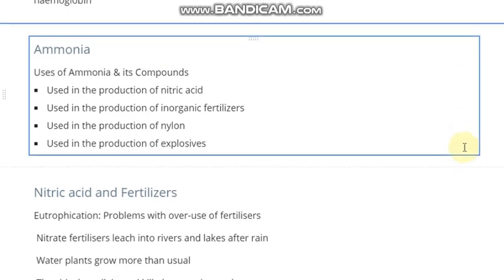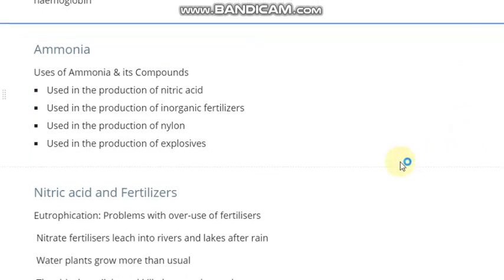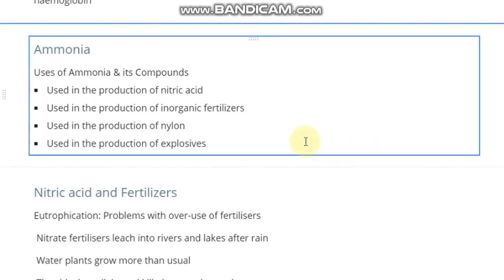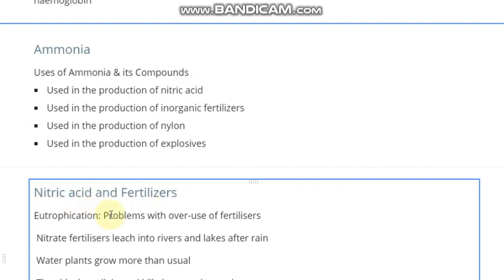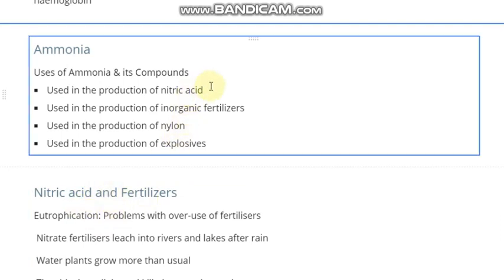Ammonia is a very important compound of nitrogen. It is actually the source of many chemical compounds that are used or produced in industry. Ammonia is used in the production of nitric acid. Later on, we are going to talk about nitric acid and the fertilizers.